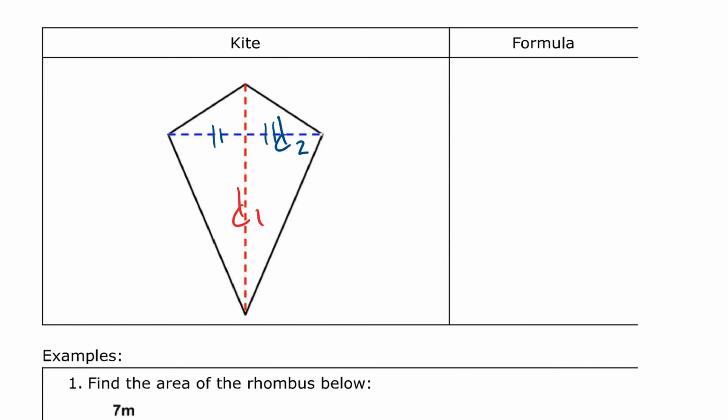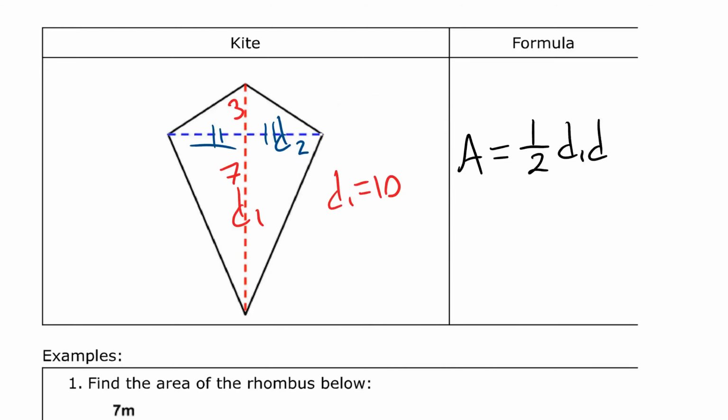I mean, if this part was 3 and this was 7, D1 would be 10. And if they only gave us this part for D2, like if they said this part was 5, then we would know that D2 would have to be 5 plus 5, which is 10. Okay, but that's just an example. Those numbers actually don't make sense now that I write them out. Anyways, the formula is actually the same. So that's convenient, at the very least.